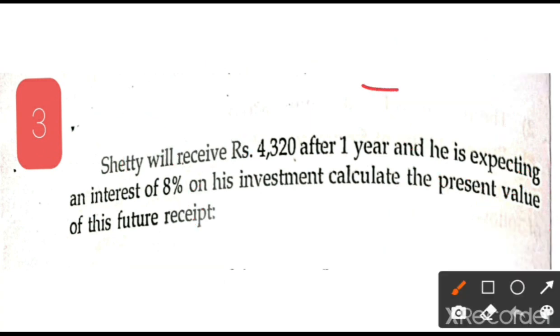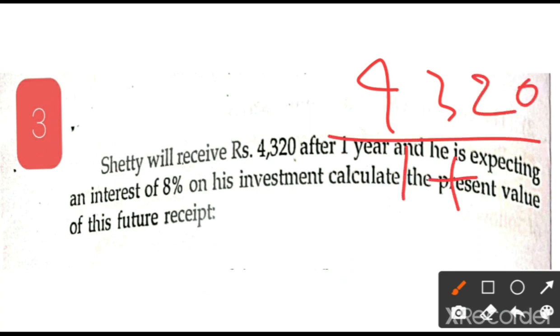So the next step is 4,320 divided by 1 plus 0.08, and the power is 1, since the number of years is 1 year. So 1 plus 0.08 will come to 1.08.